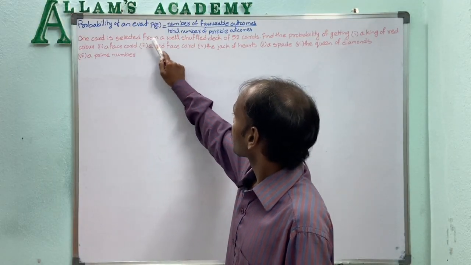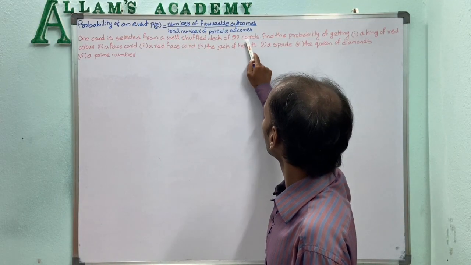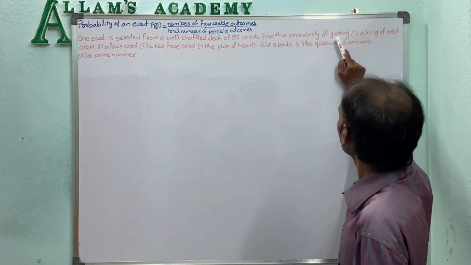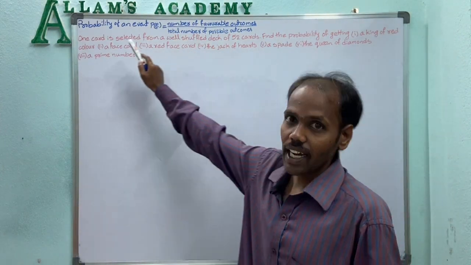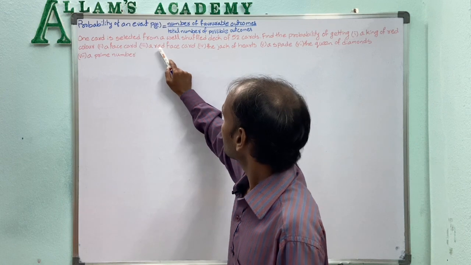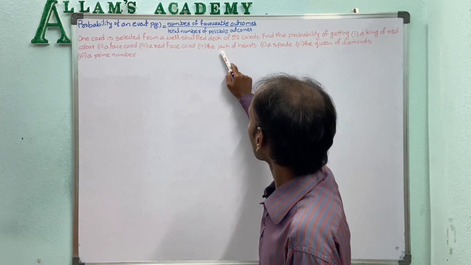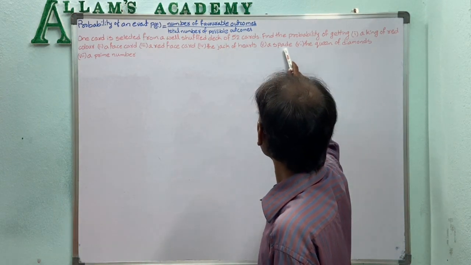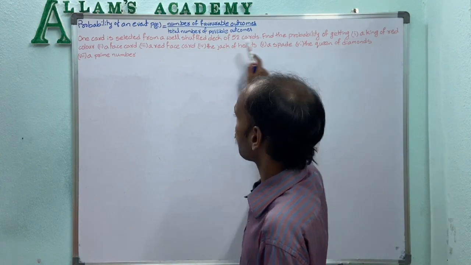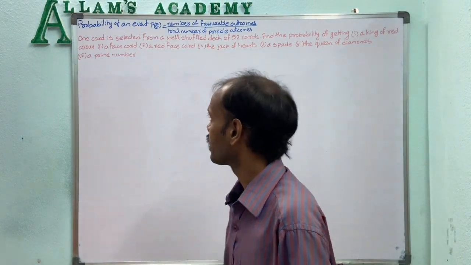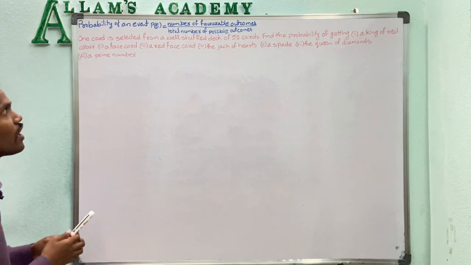One card is selected from a well shuffled deck of 52 cards. Find the probability of getting a king of red color, a face card, a red face card, the jack of hearts, a spade, the queen of diamonds, a prime number. Those are the questions given here.